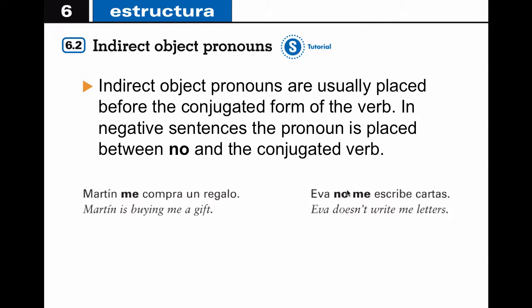Eva no me escribe cartas. So we have no between the pronoun or the noun and the conjugated verb. Okay, so no will just fall right between these two. Eva no me escribe cartas. Martín me compra un regalo.